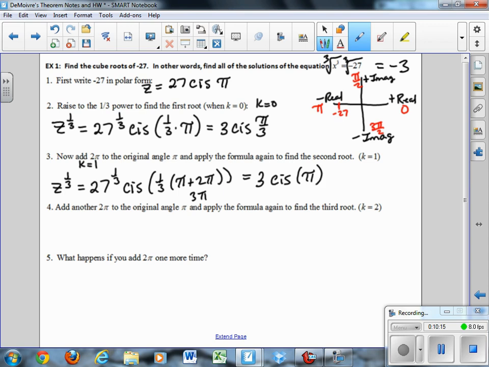Does that make sense to everybody, where I got that? I took pi plus 2 pi gives me 3 pi, 1/3 of 3 pi is pi. Now this number is right over here, 3 cis pi. So 3 cis pi, that is my number, negative 3. That's the one I already know that I should get.